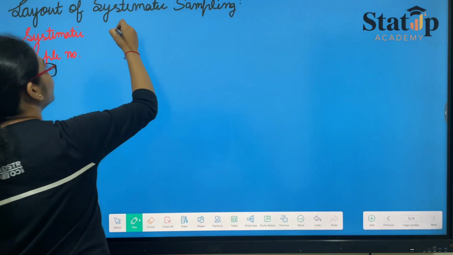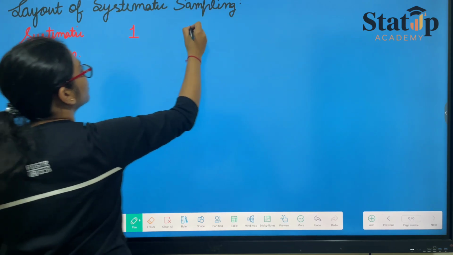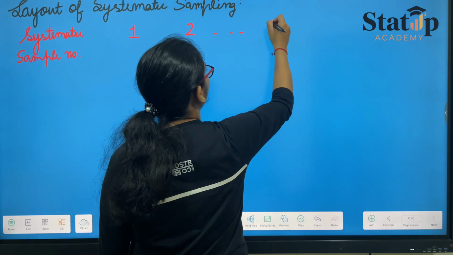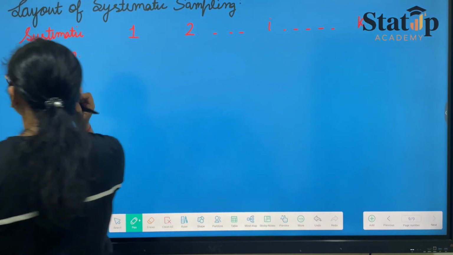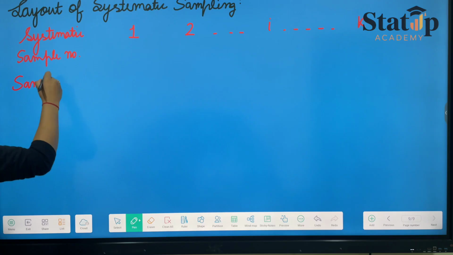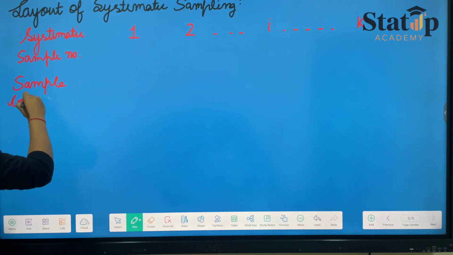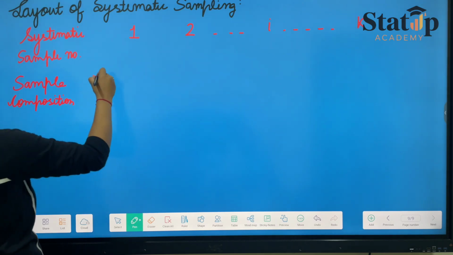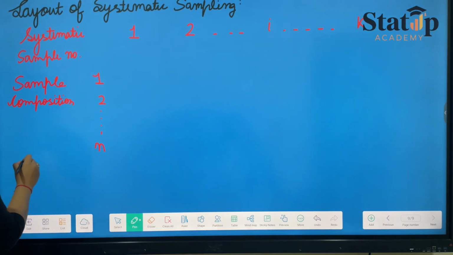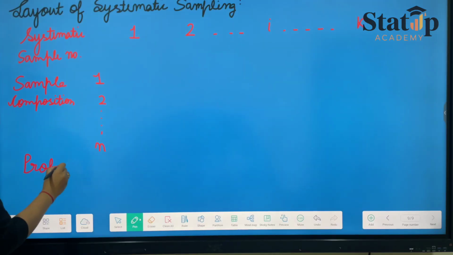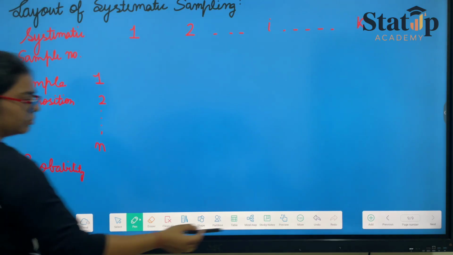The number goes from 1 to k. Then is the sample composition, 1 to n. Then is the probability, and the last one is the mean, or we can say the sample mean.